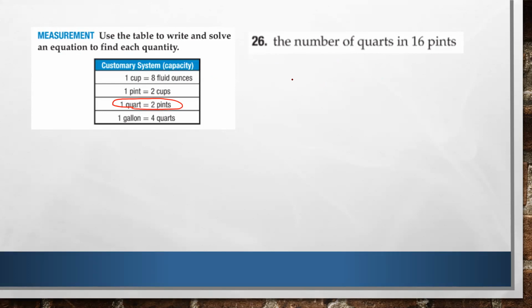So basically if 1 quart is equal to 2 pints, I want to know 16 pints, right? I want to know how many quarts are in 16 pints.